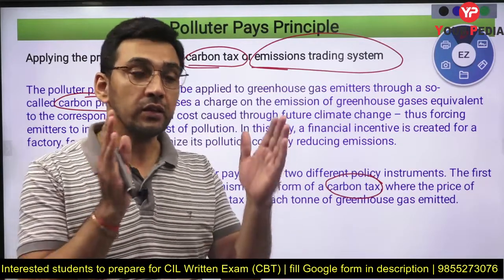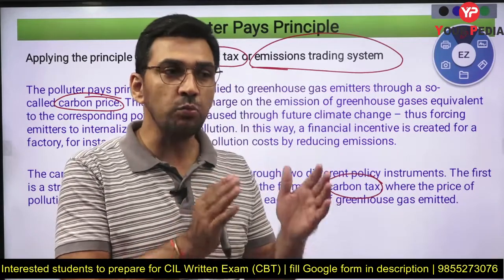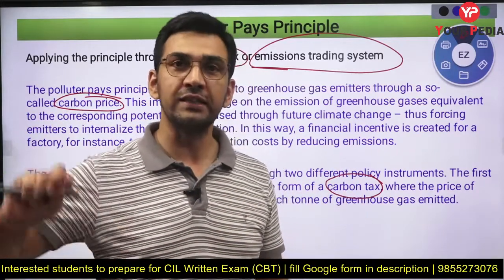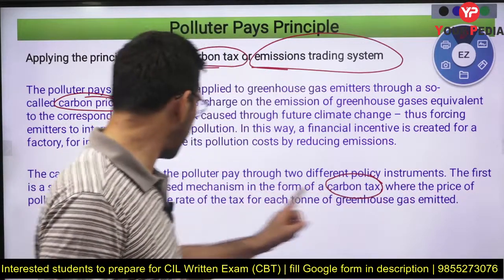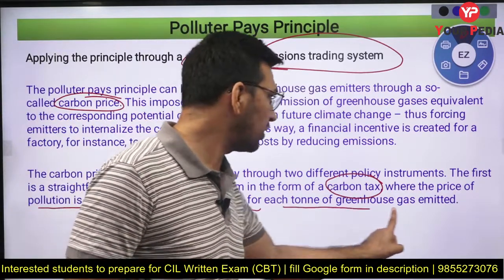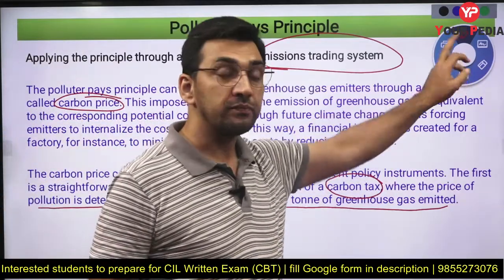That way those manufacturers or entities will start thinking and implement measures so that they release less pollution into the environment. So this is a direct way where the price of pollution is determined by the rate of tax for each ton of greenhouse gas emitted. As simple as that. This is one way.